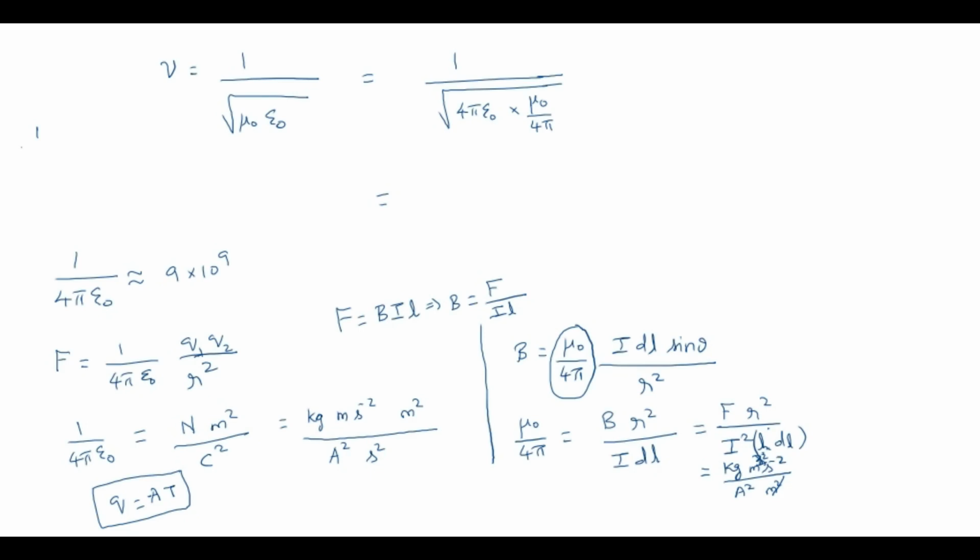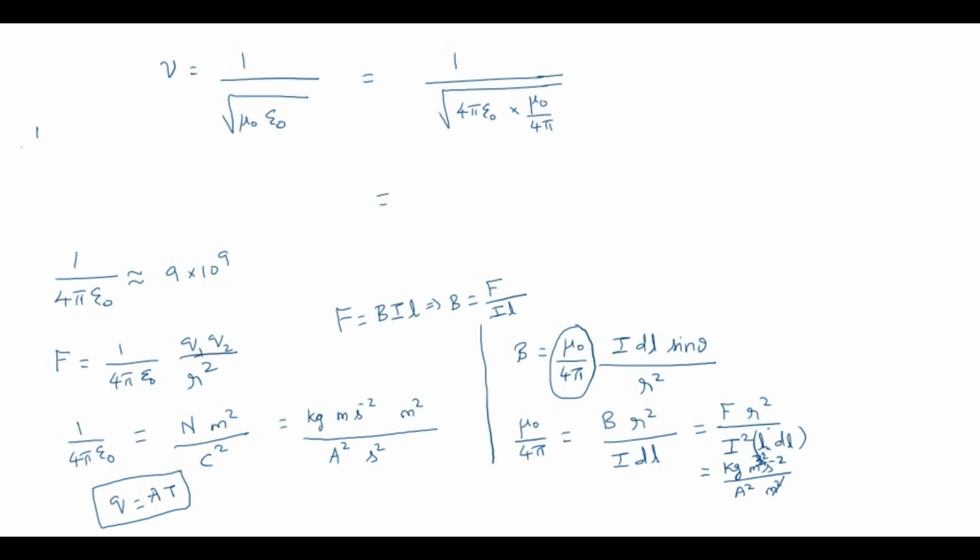Coulomb is equal to current into time, so r square by coulomb square. So this is actually BIL.